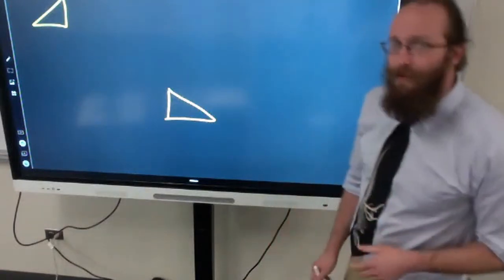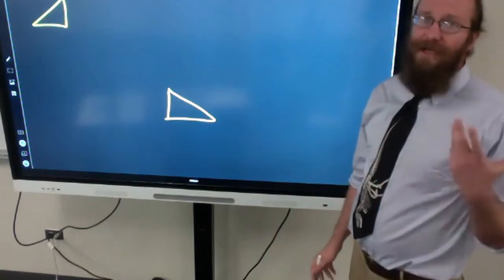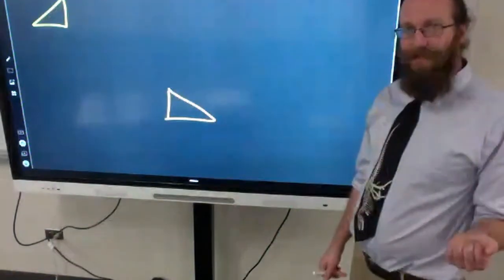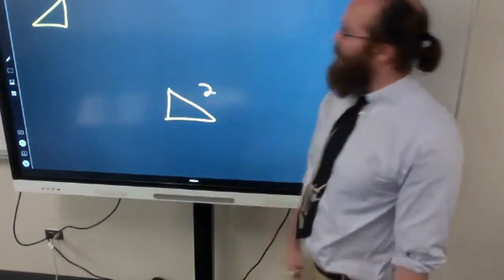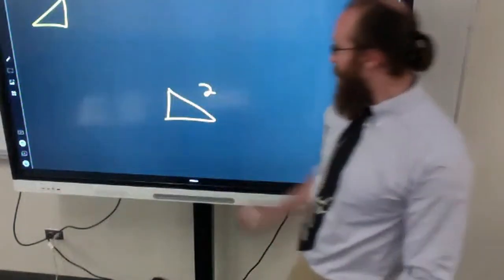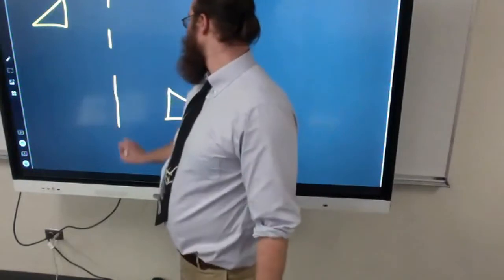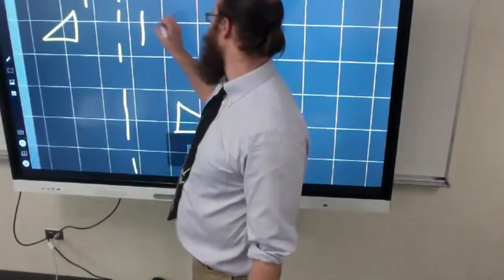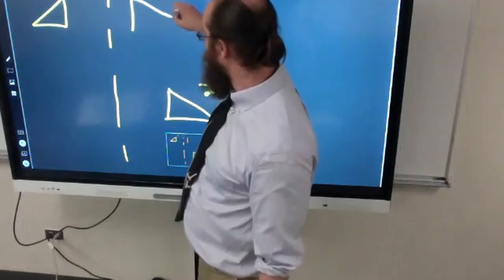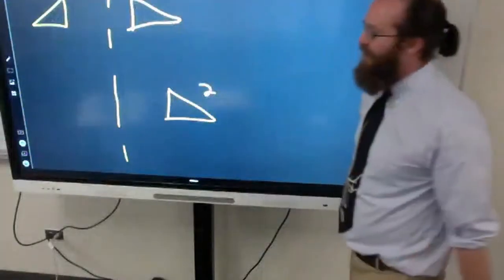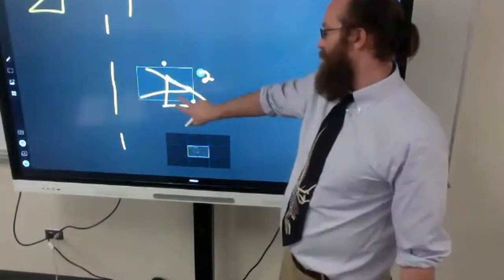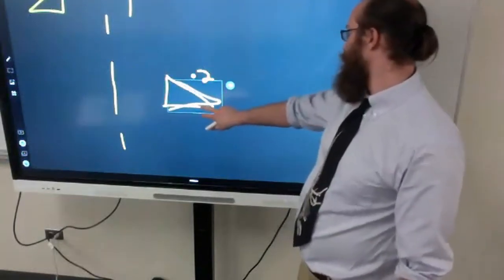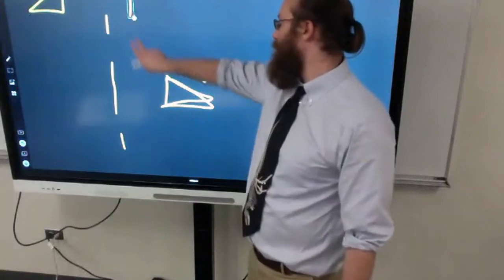How you would prove or explain congruence is you would tell me the transformations that it took you to get from 1 to 2. So if I reflect, that would be my first step. And now I'd have a triangle that's over here, right? And then the last step is, once again, I just translate this triangle down and a little over to the right to line up perfectly with that triangle.